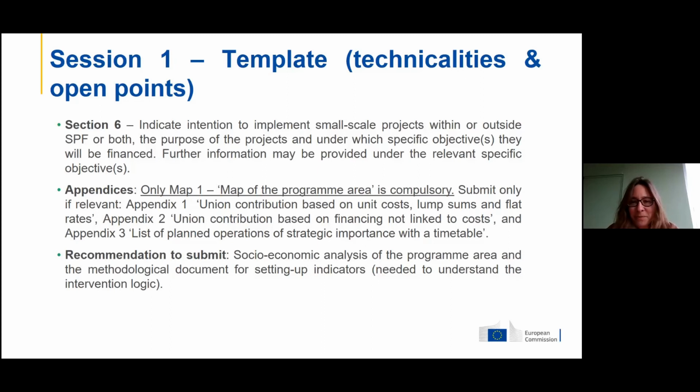Thank you. Good morning, everyone. Another novelty in this program template is section 6, which is about small-scale projects and small project funds. In this section, you should indicate whether you plan to finance small projects within one or several small project funds, or small-scale projects outside of a small project fund, or both.